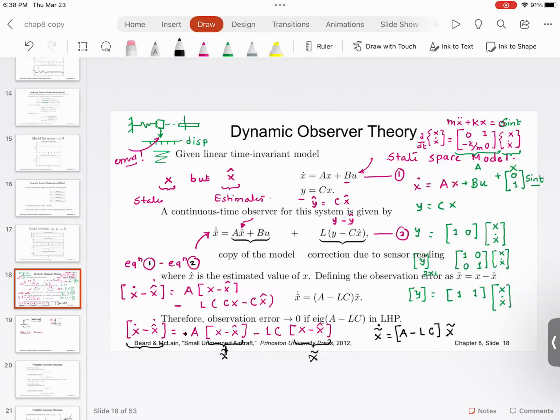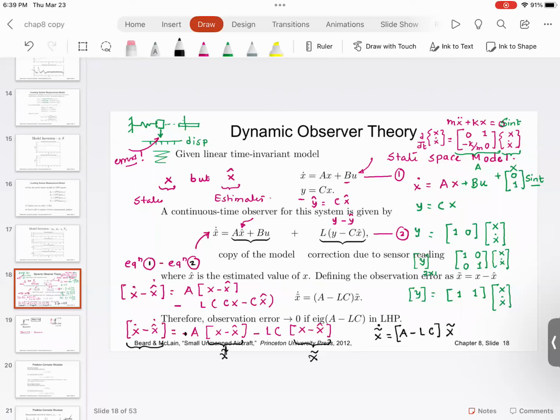When is it 0? This error would go to 0 when the eigenvalues of this matrix are in the left half of the plane. Are you with me so far?